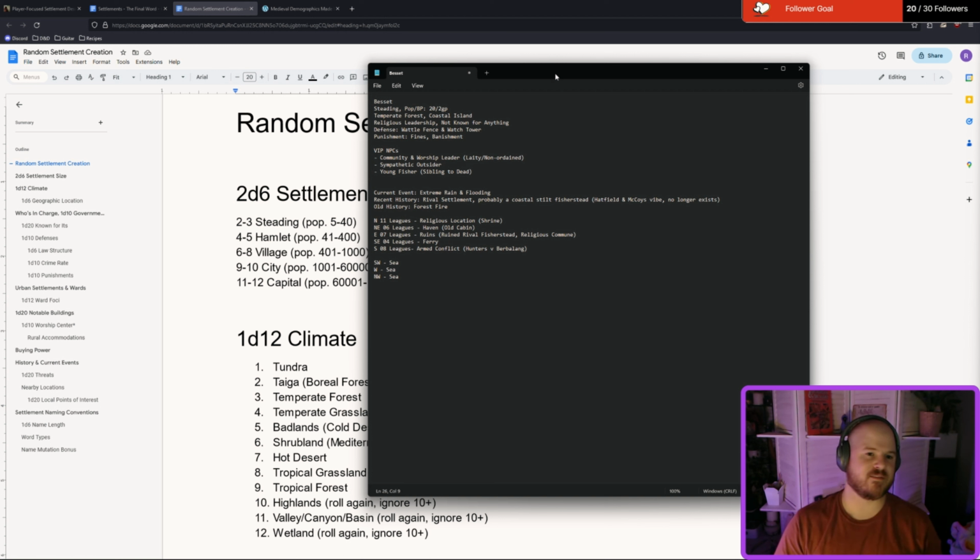So 11 leagues to the north, about 11 hours to travel northward, there's a religious location. It's a shrine. To the northeast, about 6 leagues away, there is a travel haven. For this, we put an old cabin that's kind of supplied up. To the east, 7 leagues, we have ruins.